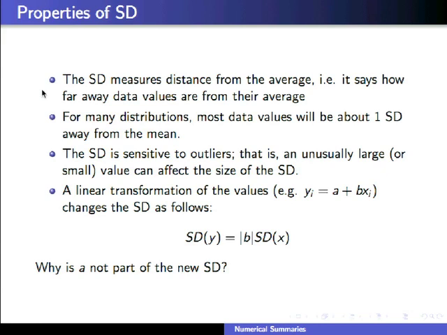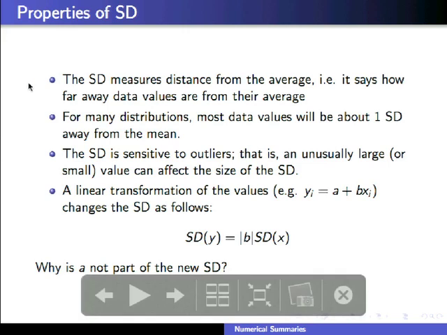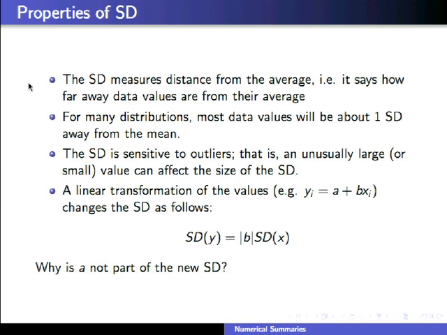For the normal or bell-shaped curve, roughly 68% of the data will be within 1 SD of the mean, and 95% will be within 2 SDs of the mean. What I mean by that is if I'm standing here at the mean and I look in one direction 2 SDs away, and the other direction 2 SDs away, I'll see about 95% of my data. And if I only look 1 SD away, I'll see about 68% of my data.